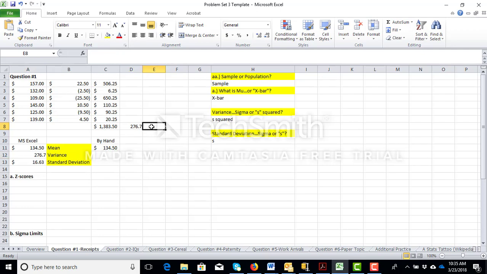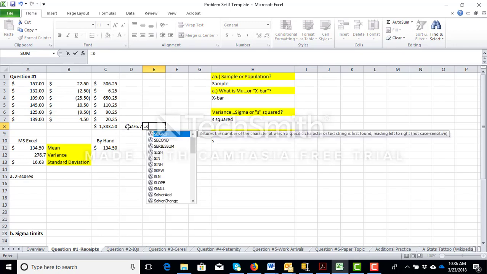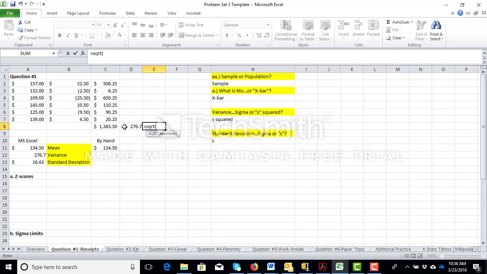And then if I take the square root here, you'll see I end up getting the same result. My point is, we can use the Excel formulas, we should, only after we understand them. I want you to know what's happening behind the scenes.